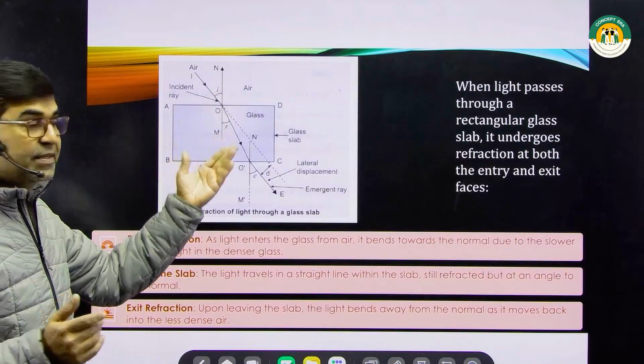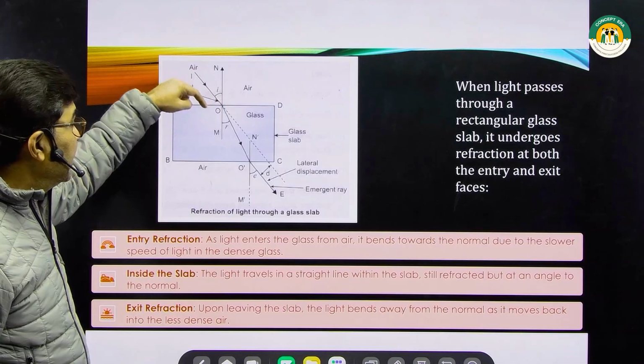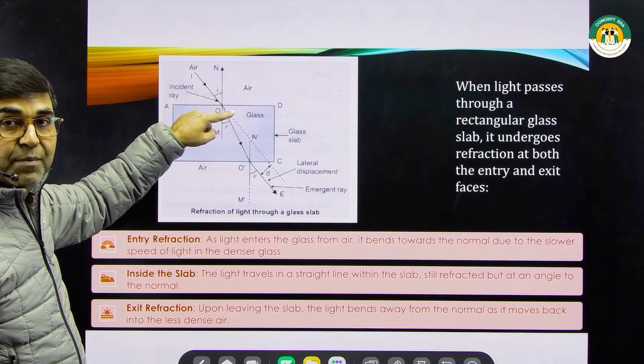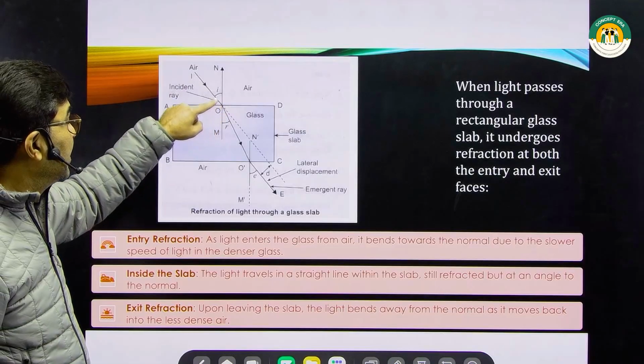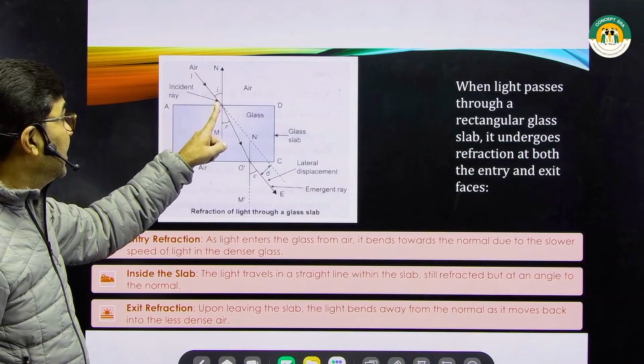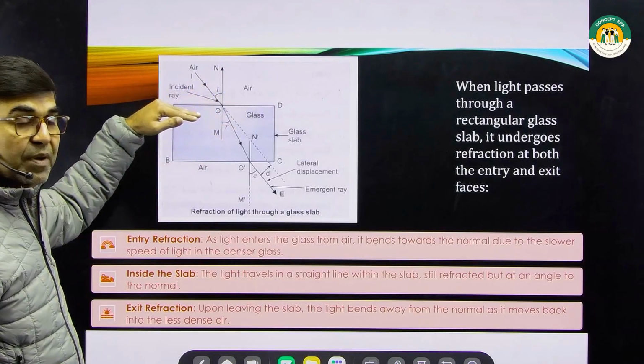In this case, light is entering from air into glass. So when the incident ray strikes the boundary between the two media, then at that point, that is called the point of incidence, a normal is drawn perpendicular to the surface or the boundary.